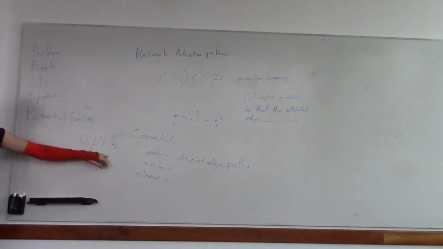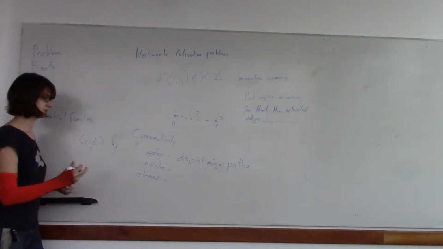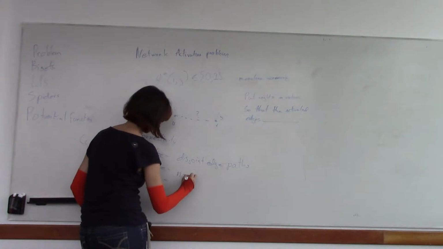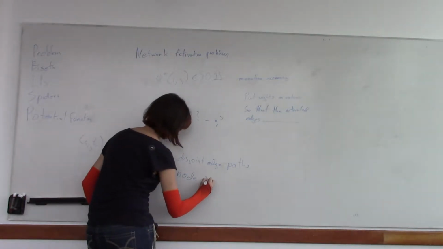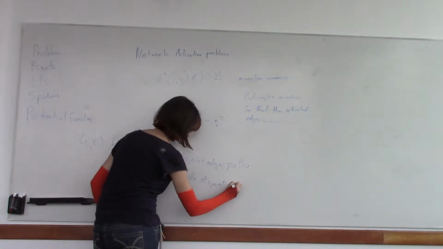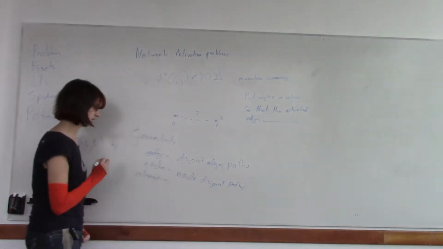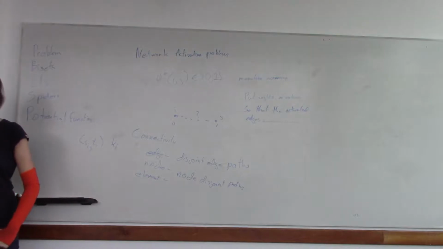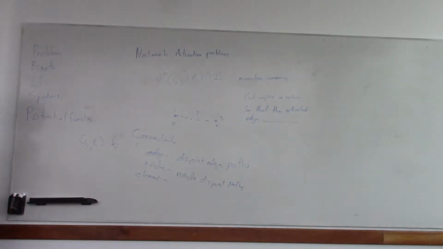And then for node connectivity, it's node disjoint paths. And then element connectivity is a little funny, and I actually had to read the definition a few times to understand it.